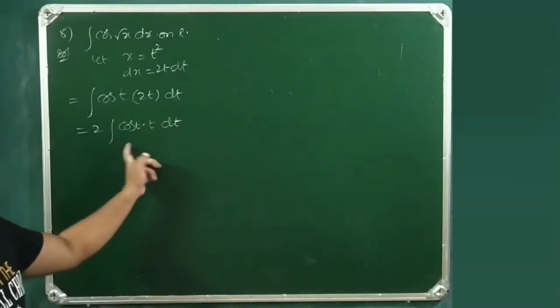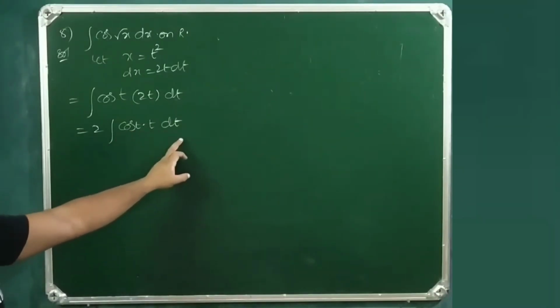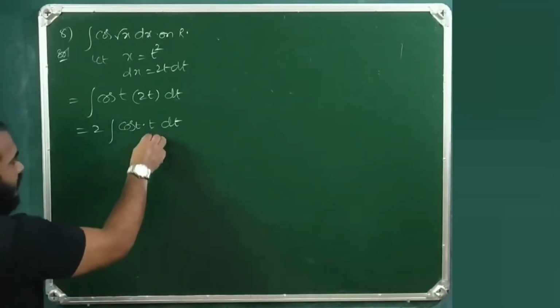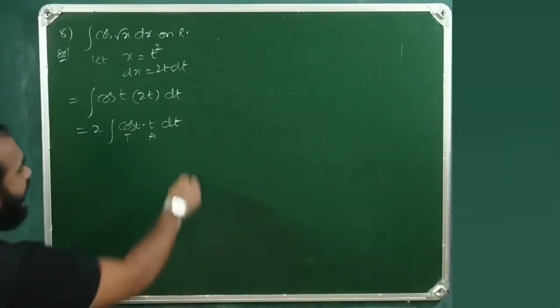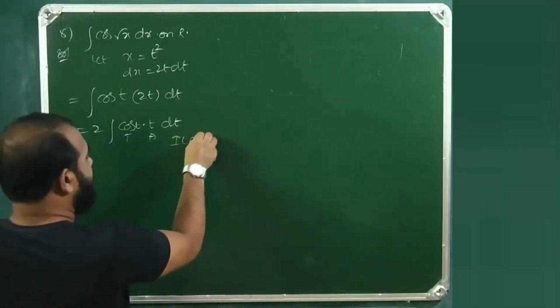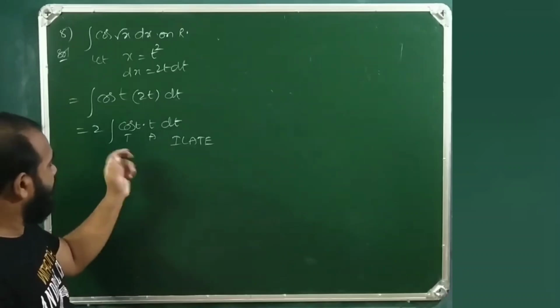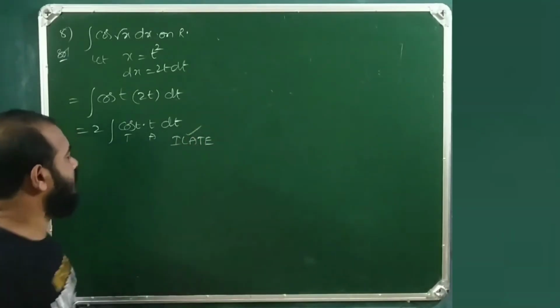So it is a product of two functions, just like integral cos x into x dx. Here t is an algebraic function and cos t is a trigonometric function. In ILATE, between t and cos t, the algebraic function comes first.